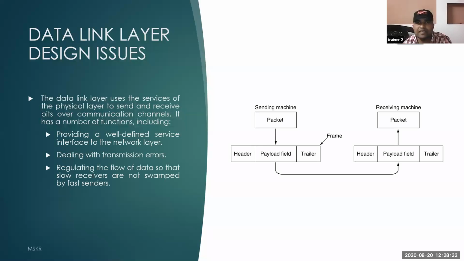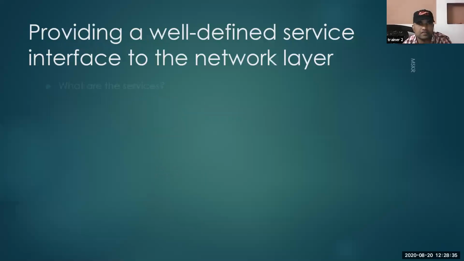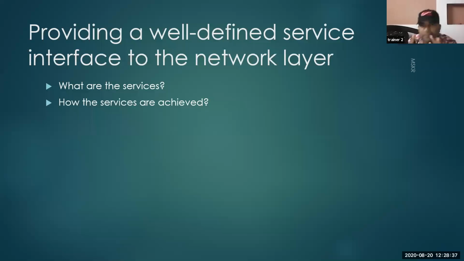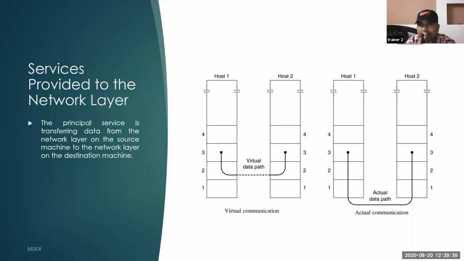As you can see in this particular diagram, the actual communication happening in a system is like this. The information comes from the application layer. It goes from the application layer to the next layer, then the next layer. Let's say this is the network layer.